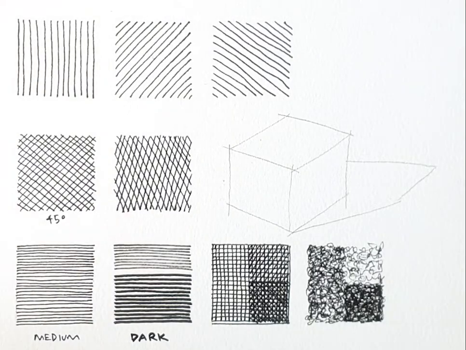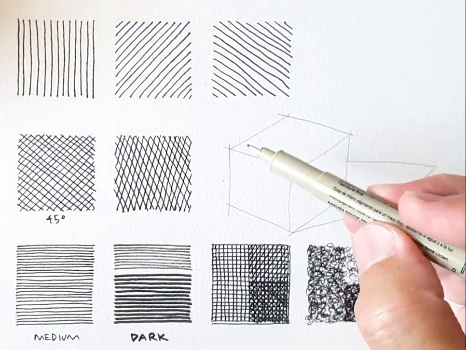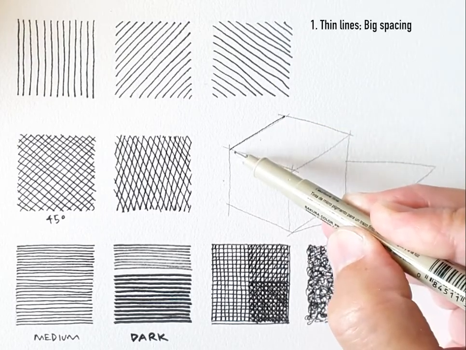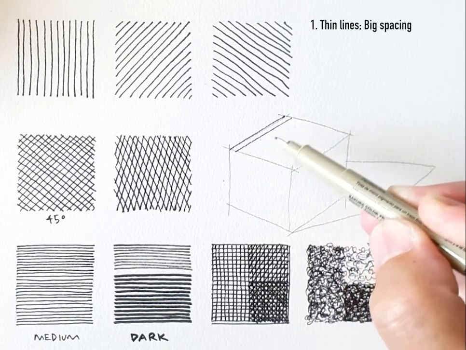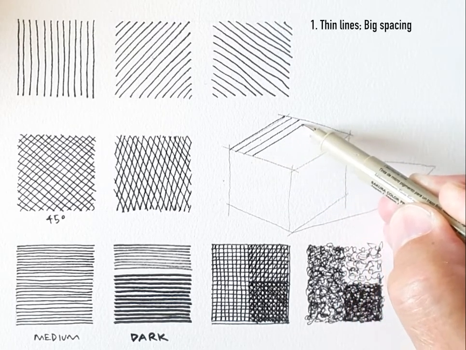Now that I've got the shape of the cube, we'll go in with the first texture, which is the hatching on the top. So again, this surface I want it to be very light, so I'm just going in with very light lines and big spacing.